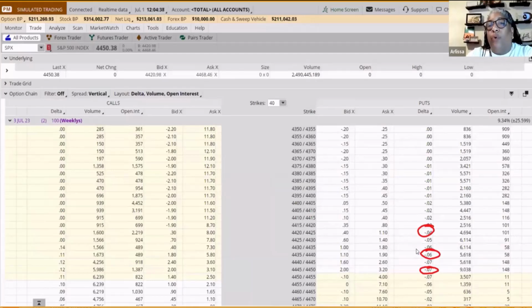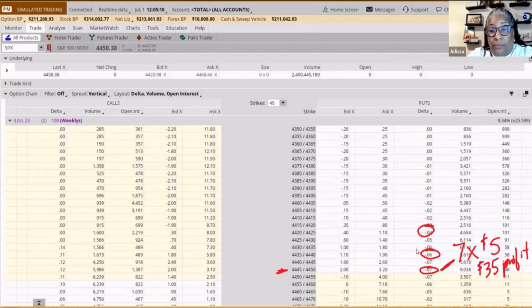But when you're looking for how much money you need to get yourself to $25, if you've got this one here, the 44, 45, 50, and you've got a 7 delta, but you're looking for $35 in premium, then you need to take this 7 delta and multiply. It's got to move $5 in price in order for you to get to $35 of profit, because 7 times 5 is 35.